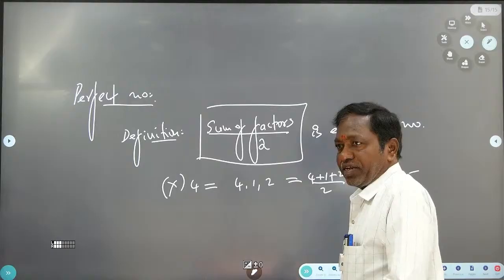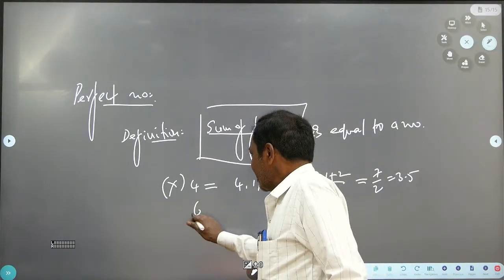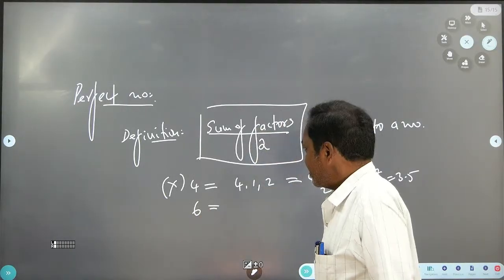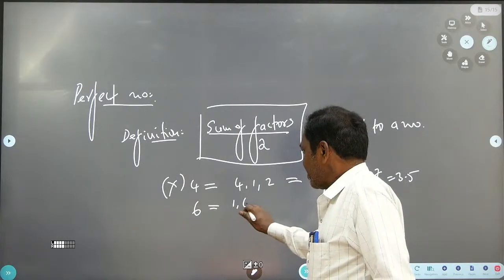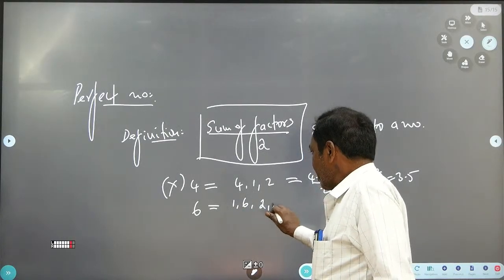5 is a prime number again. Let us take 6. What are the factors for 6? 1, by itself 6, 2 and 3.